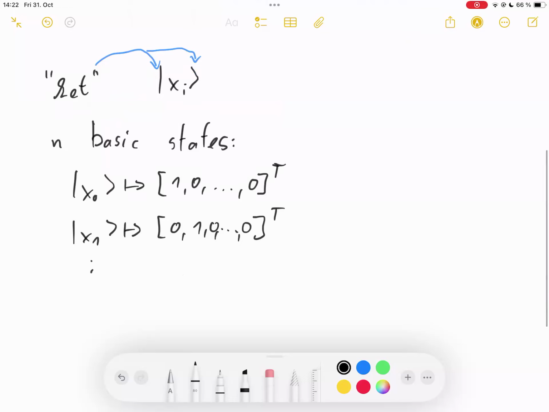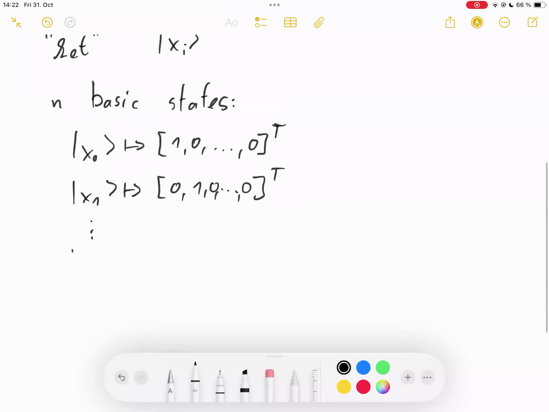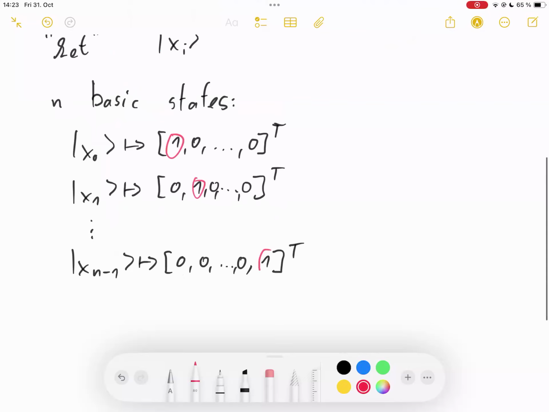And like this, we can continue up to our xn minus 1 ket, which is the last one, for which only the last entry is a 1. So we always have a 1 just in the next dimension. First one, second one, up to last one.